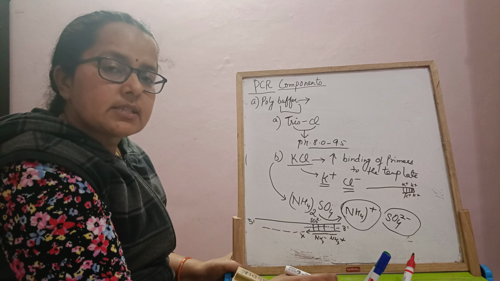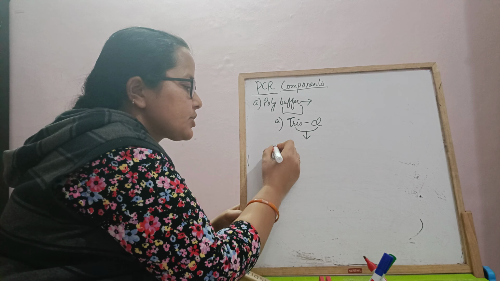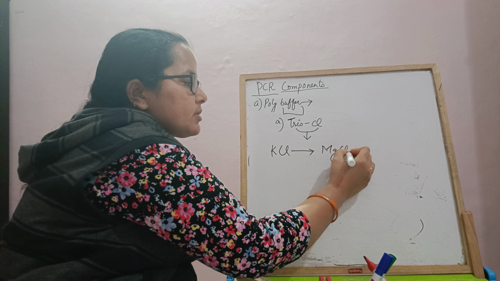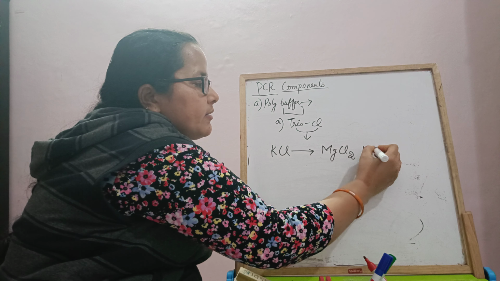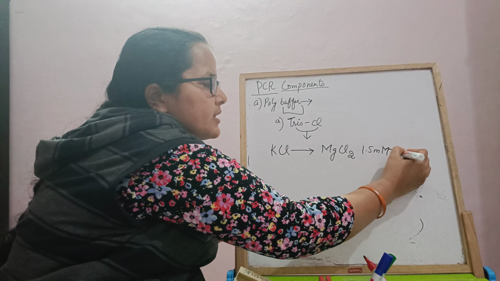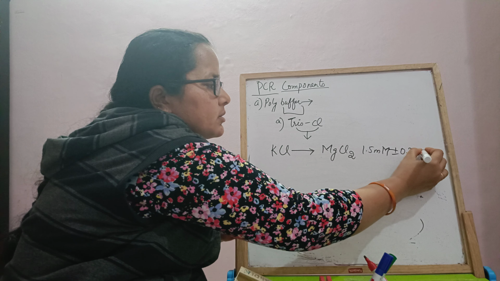But here one thing you should note: if the polymerase buffer is using only potassium chloride, then the magnesium chloride concentration should be 1.5 millimolar, plus or minus 0.2 millimolar.